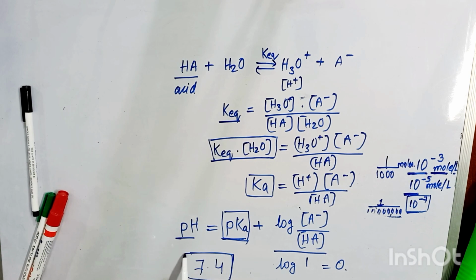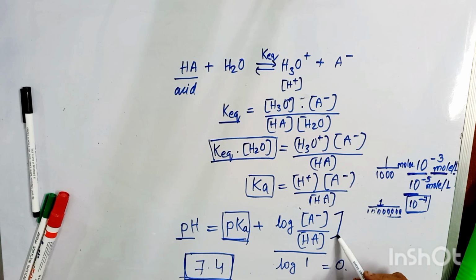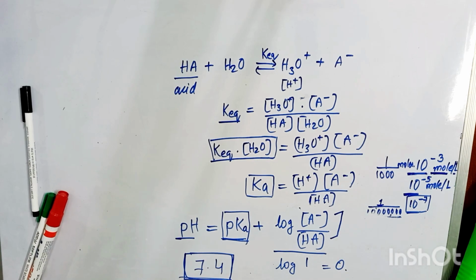So if a buffer has to be a very good buffer for us, your pKa value has to be around 7.4. Then you remain in a 50-50 dissociated and undissociated form, and you can resist the change of an acid insult or an alkaline insult in our solution.